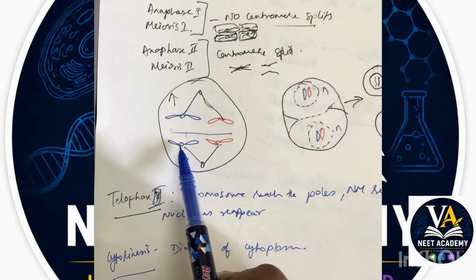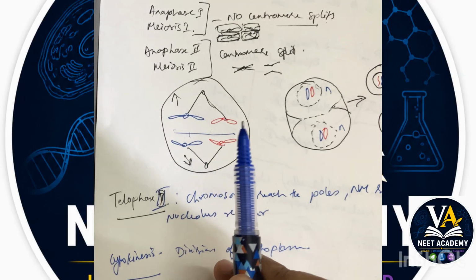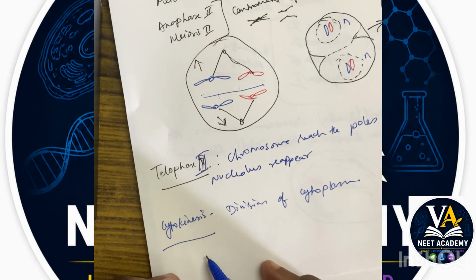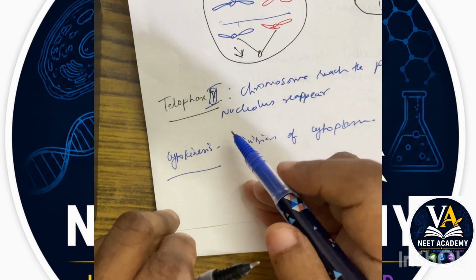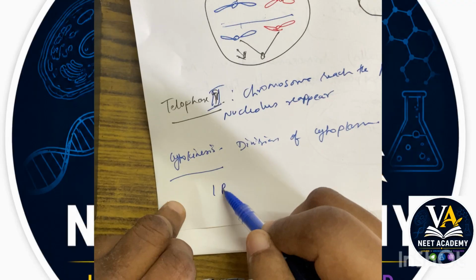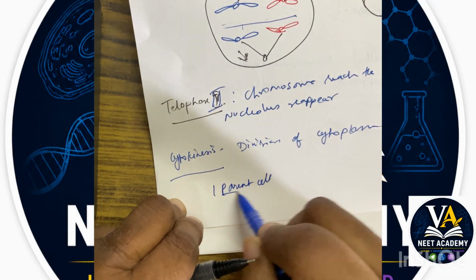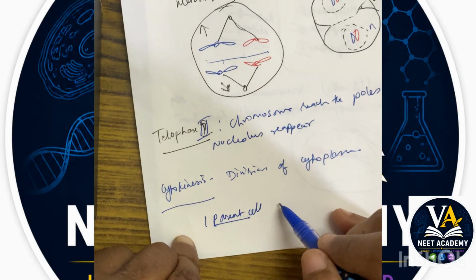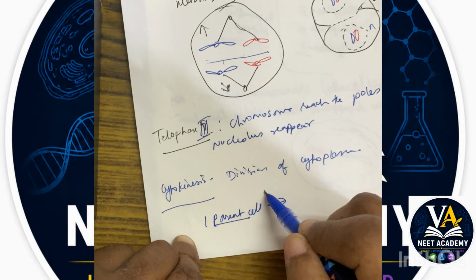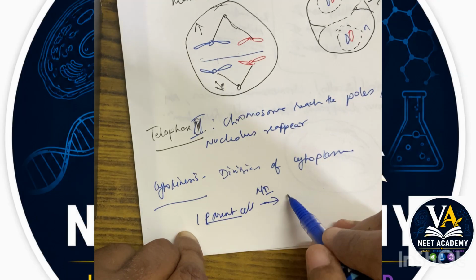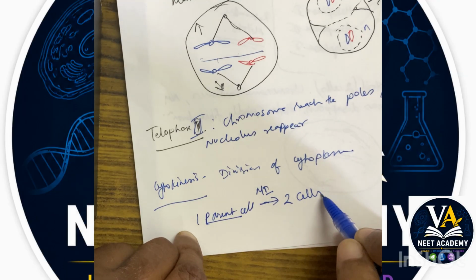Finally, if I conclude, one parent cell undergoes meiosis I, which I am writing as meiosis I, giving you 2 daughter cells.